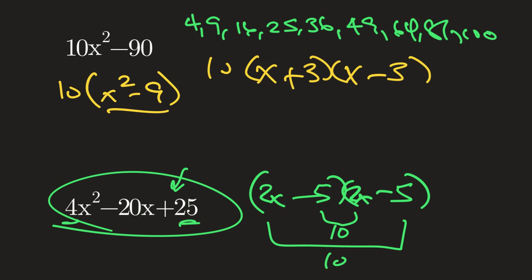Now, I also need to mention, you might see this answer written like this. And remember, we talked about that when we came back from Christmas. We got one of these problems. I said, look, when you get that, we got to break it into 2 and do all the distributions. Well, now we're going backwards. So if you factor a perfect square trinomial, you've got 2 identical sets of parentheses, okay?